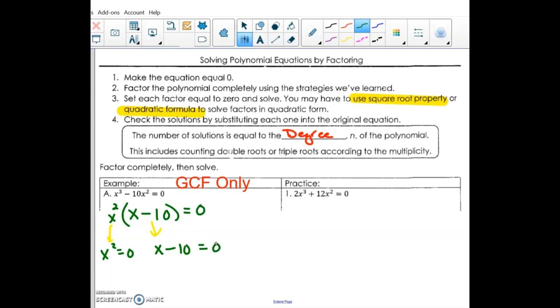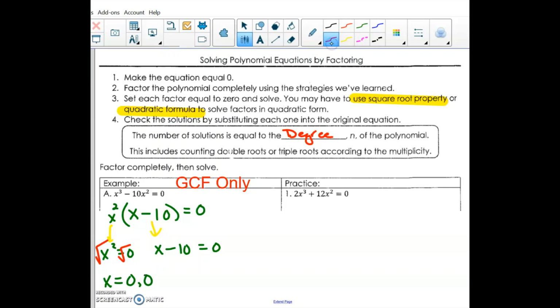You may need to use the square root property. You may need to use the quadratic formula when you get to this step. But when you take the square root of 0, you're going to get 0, but you get 2 of them because the degree of that equation is 2.